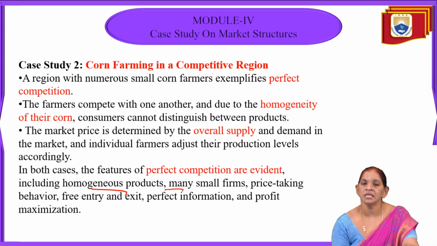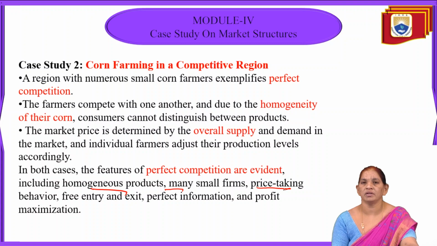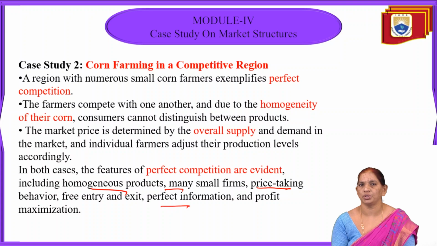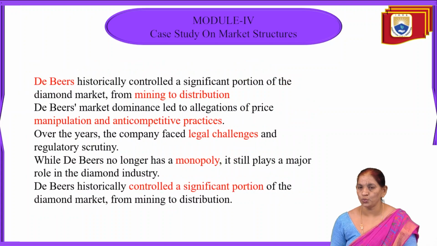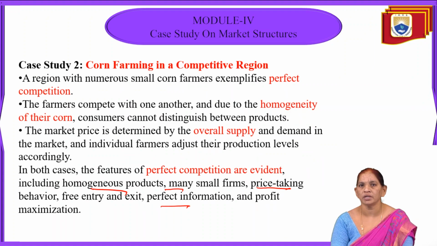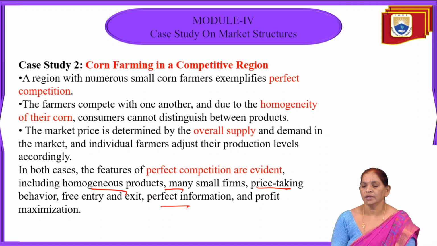The single farmer or producer is only a price taker, and free entry and exit, perfect information and profit maximization are the important key factors that influence these farmers toward perfect competition. So this is the case study we have dealt with on perfect competition, and how it works out in a small region where a group of corn or wheat farmers are producing.